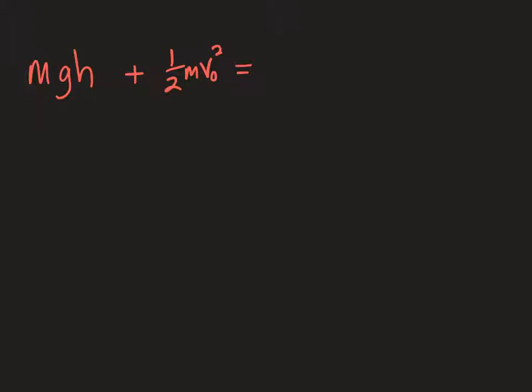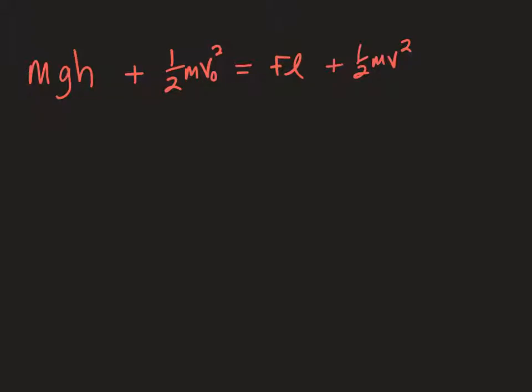Then at the end of the ramp, there was a whole bunch of work done by friction. So mu n is the frictional force. In fact, let me just write little f for friction times the length of the ramp. That's force times distance. It's work done by friction, plus the final kinetic energy. So we'll just use V squared instead of V naught. So we have our energy balance in general terms.